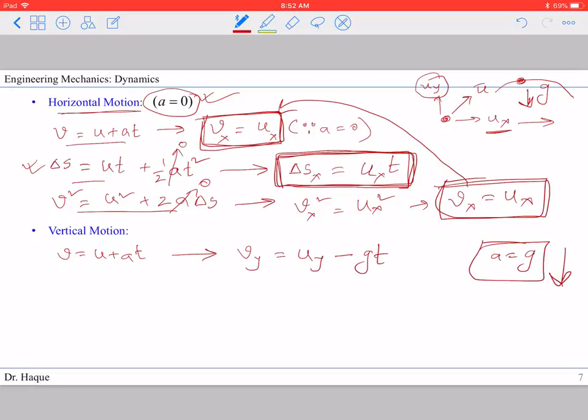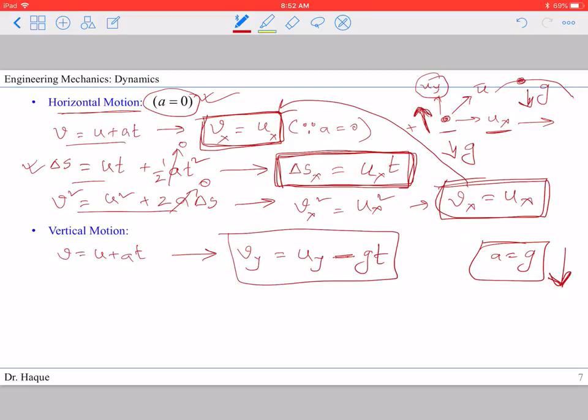Because g is acting downward, and the velocity u was thrown upward, so it was moving upward. If we assume upward as the positive direction, the gravitational pull is downward, so we assume it is negative.